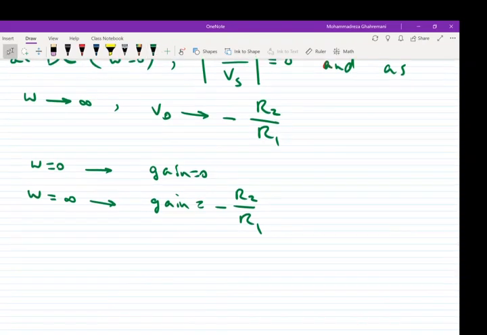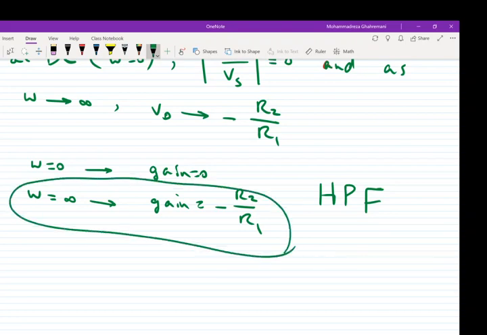And this is a characteristic of a high pass filter, because for low frequencies the signals are blocked, and for high frequencies the signals are allowed to pass.